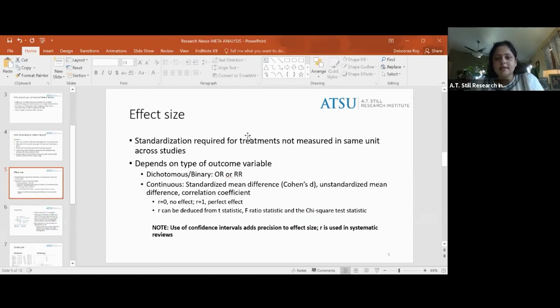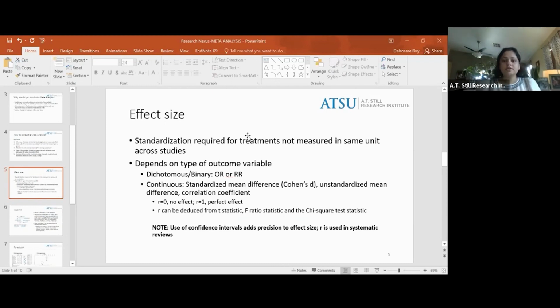And continuous is measured through standardized mean difference, which is Cohen's d, and unstandardized mean difference, that is the mean difference between pre-exposure and post-exposure, or the mean difference in the case versus control. So that's a simple mathematical mean difference, and a correlation coefficient.